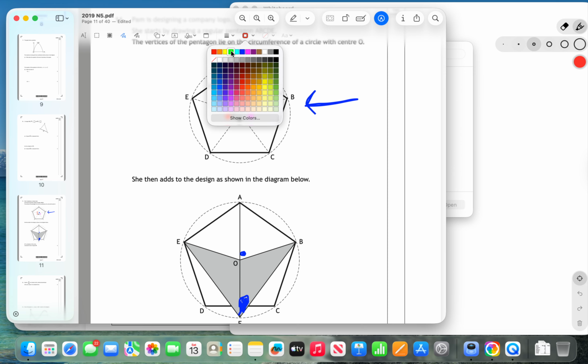All of these 5 angles have to be the same around that point because it's a regular pentagon.